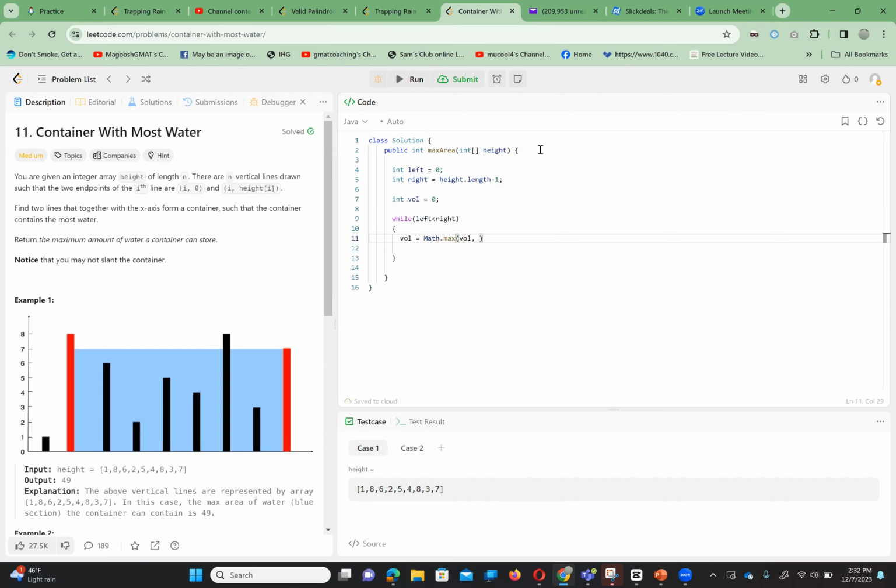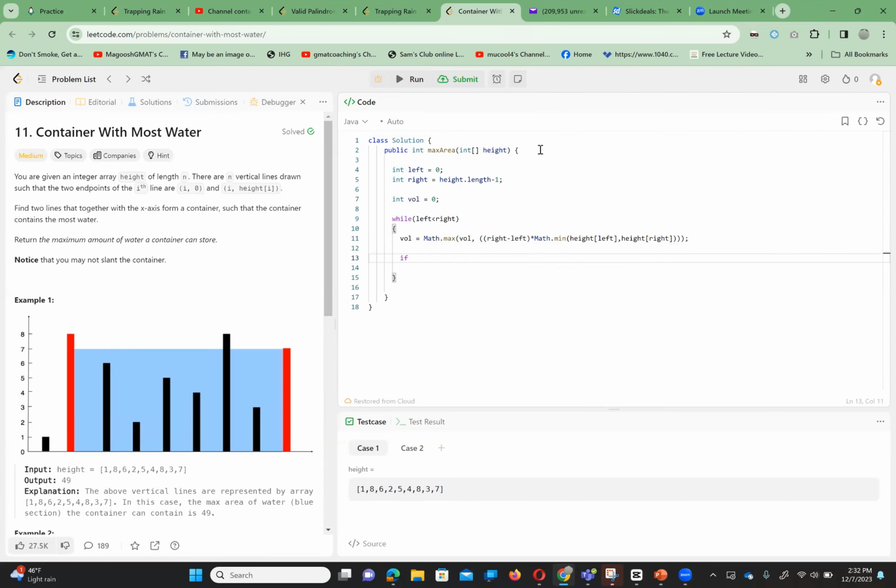The new volume is going to be right minus left, that is the distance along the x-axis, into the minimum of the heights at the left index and right index. So if we have a bigger volume, this is going to be updated. Otherwise, this will remain the same.